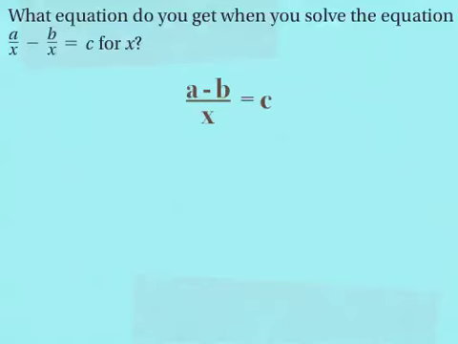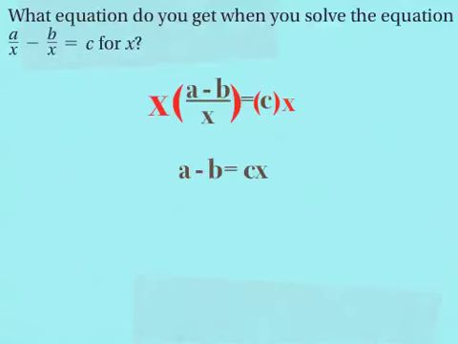Remember when you have a problem that looks like this, your division bar creates parentheses around a minus b. So I need to get rid of dividing by x first. When I get rid of dividing by x, I need to multiply by x on both sides, which leaves me as a minus b equals c times x. X is still not by itself.